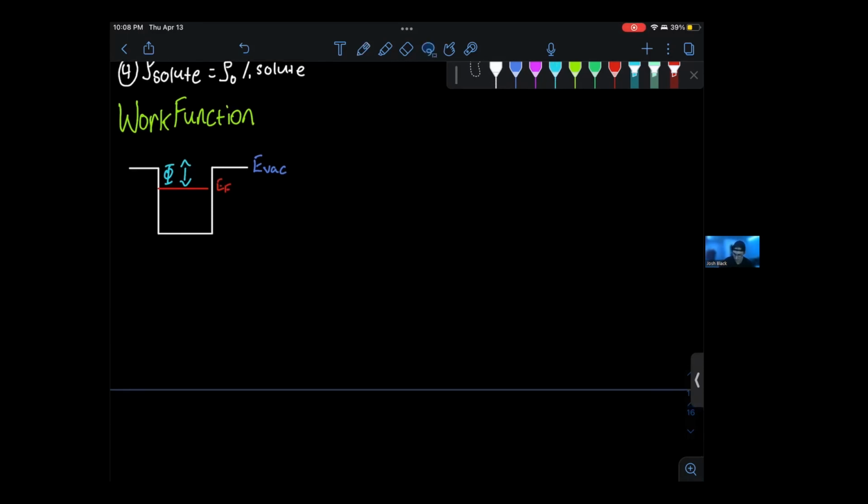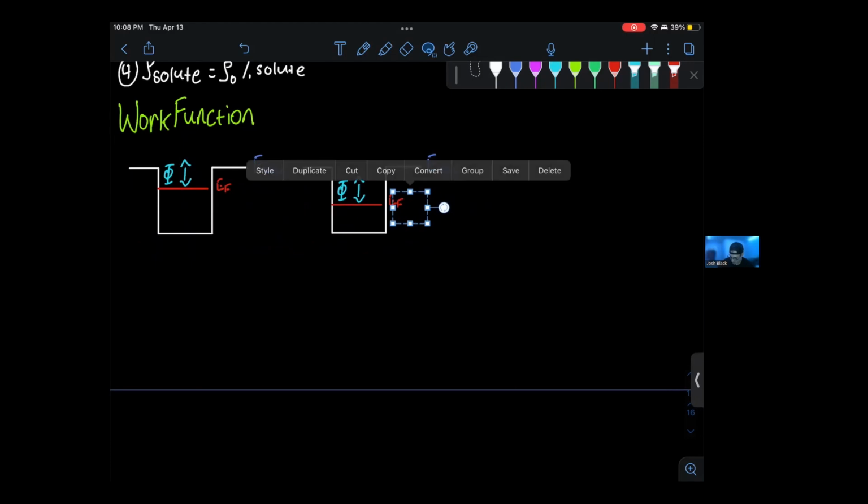If we were to have another metal, and we were to say its Fermi level is maybe down here, it has a lower Fermi level, therefore a higher work function.